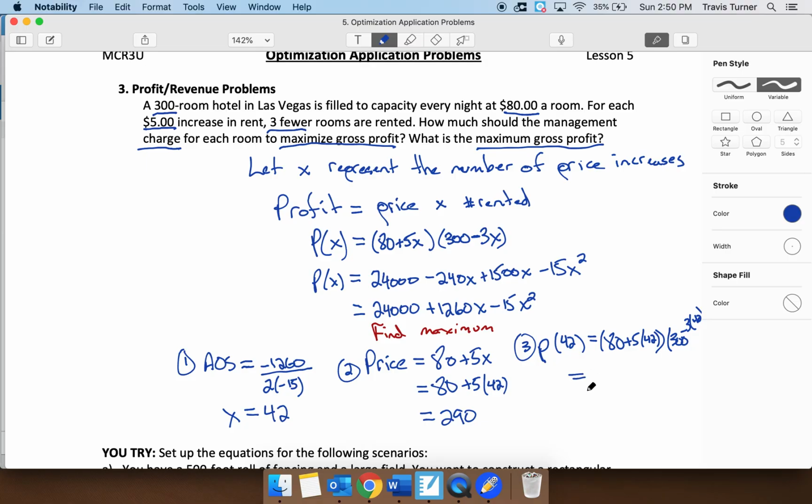And so we know the first thing here works out to 290 because we just did that. And then 300 minus 3 times 42 gives me 174. And you work that out and you end up with $50,460.